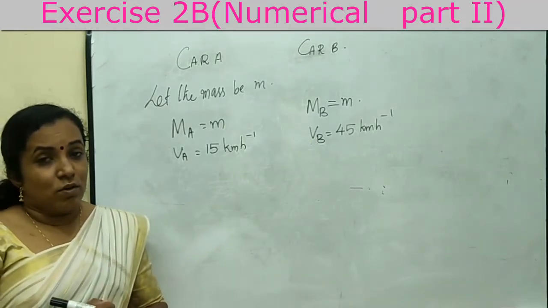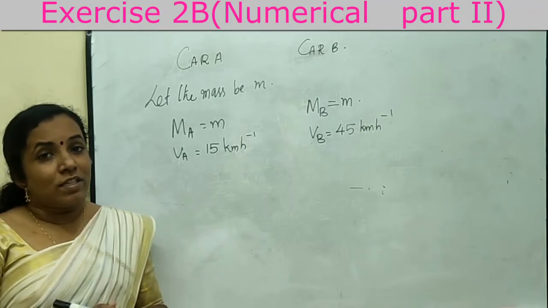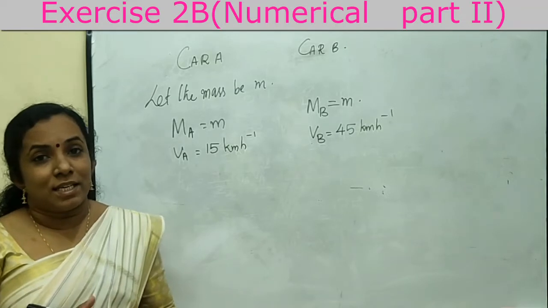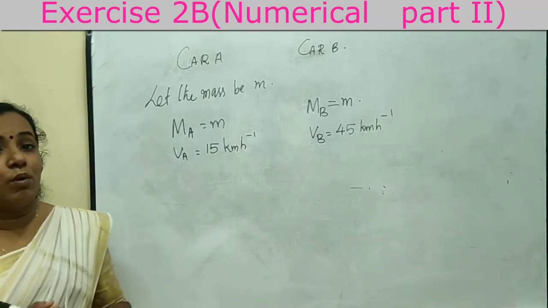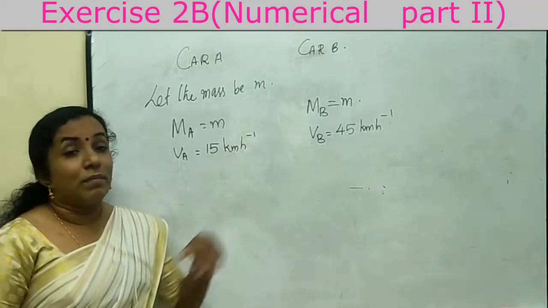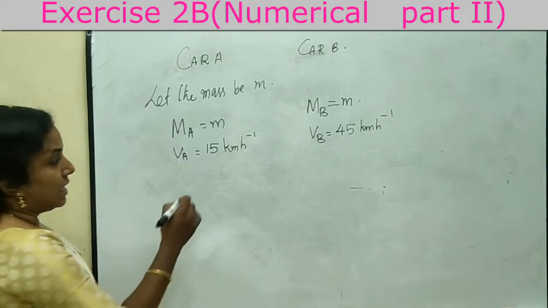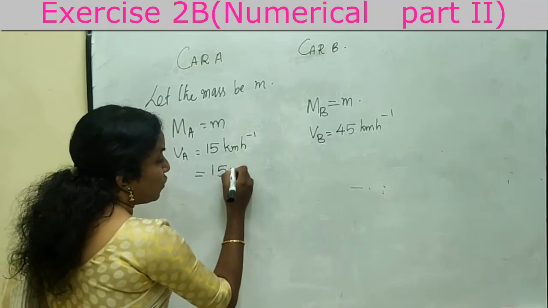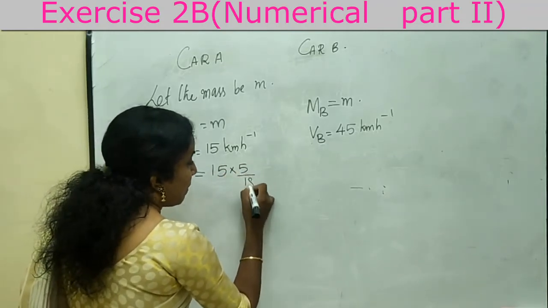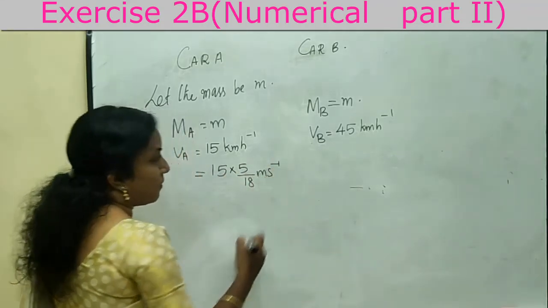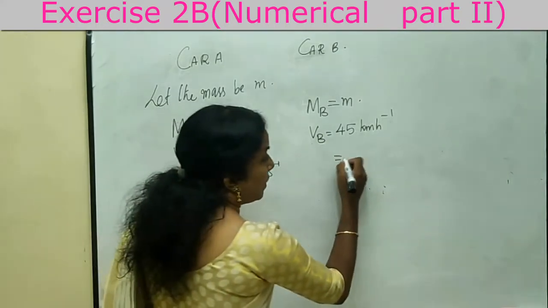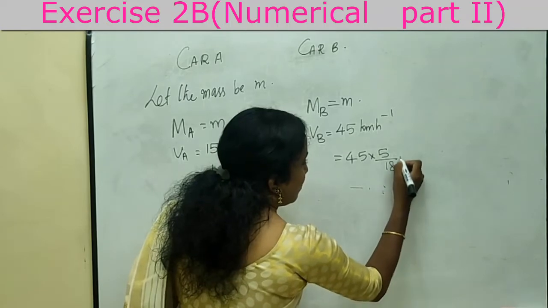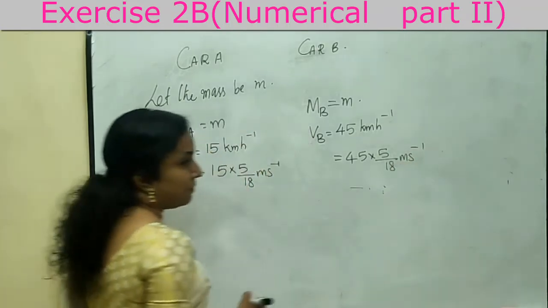Since it is ratios, it is not necessary to convert them into meter per second. But here, to get you more clarity, I am converting them into meter per second. What is 15 km per hour? It is 15 into 5 by 18 meter per second. And 45 km per hour is 45 into 5 by 18 meter per second.